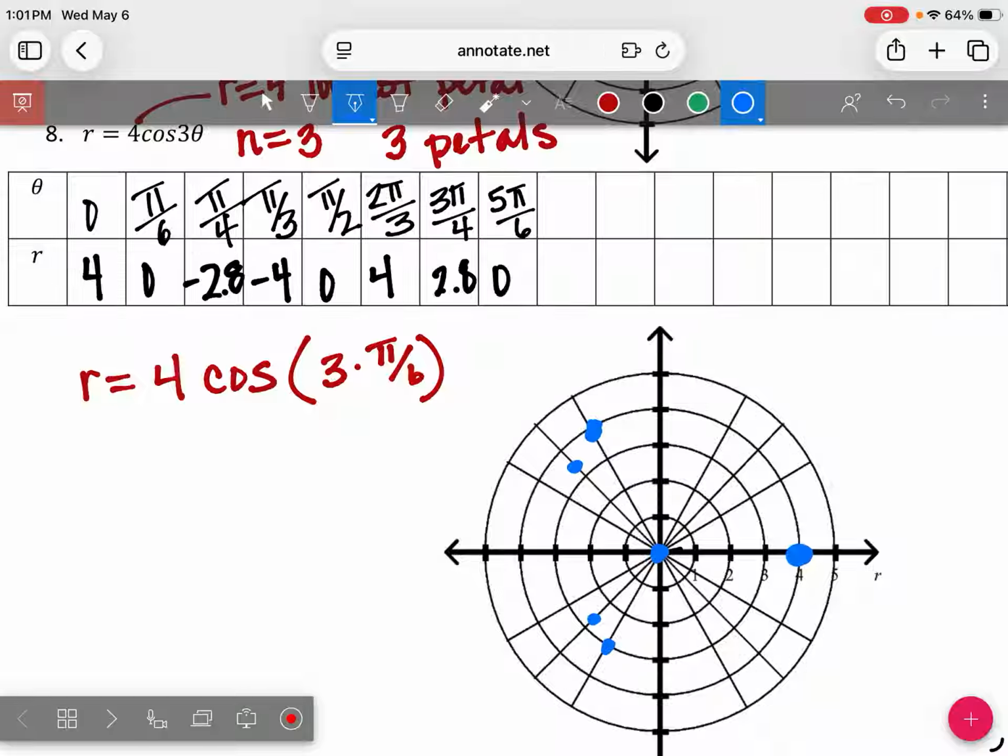And you can kind of see why this one is a little tricky, because using the points on the unit circle is not enough to get the full graph. So we'll talk about what we have to do in that case.